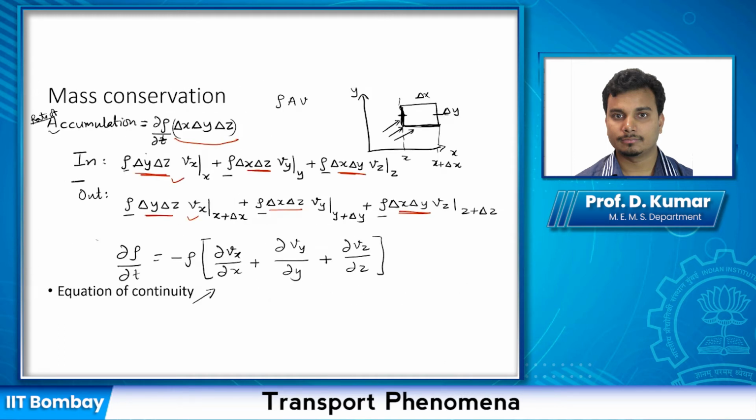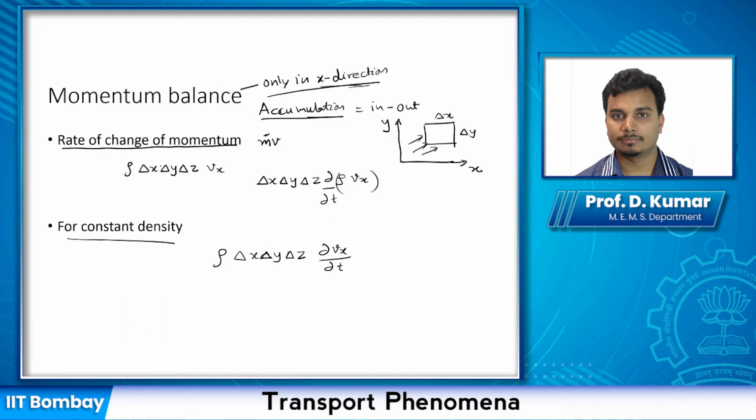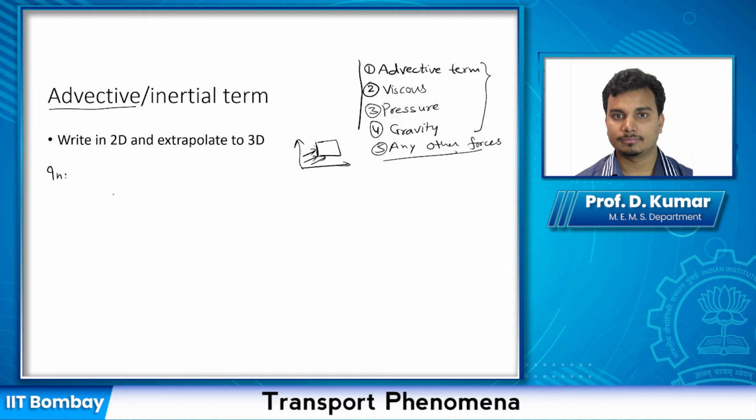So we know this one, rho delta y delta z vx, right? So this is the mass that is going in, and then we have to multiply that mass with the x component of the velocity. So this mass times velocity, that will be vx.